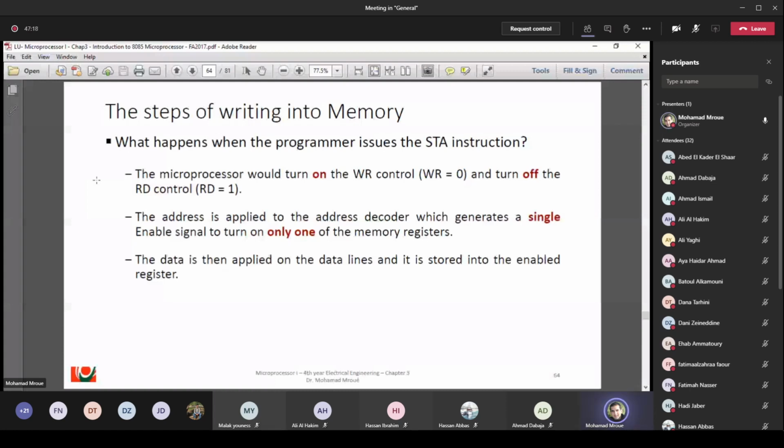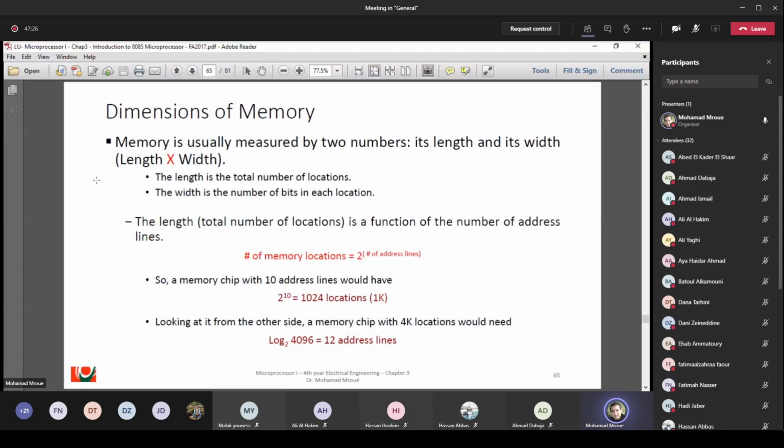Now, memory is usually measured by two numbers, its length and its width. The length is the total number of locations, and the width is the number of bits in each location. The length is a function of the number of address lines, so the number of memory locations is 2 power the number of address lines. A memory chip with 10 address lines would have 2 power 10, meaning 1024 locations, or 1K.